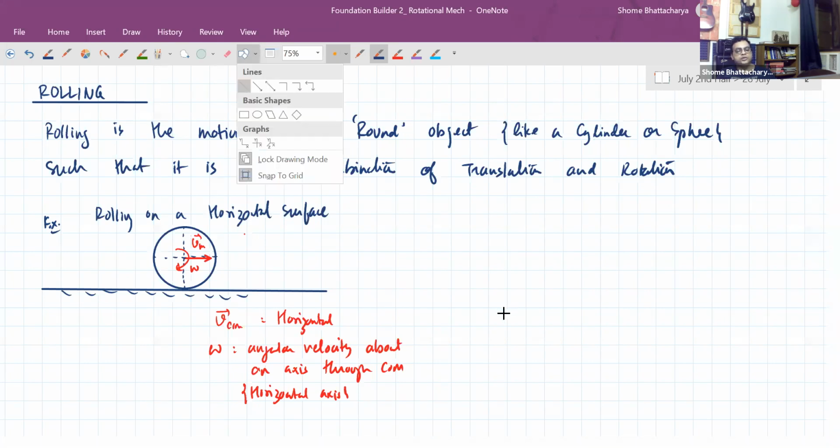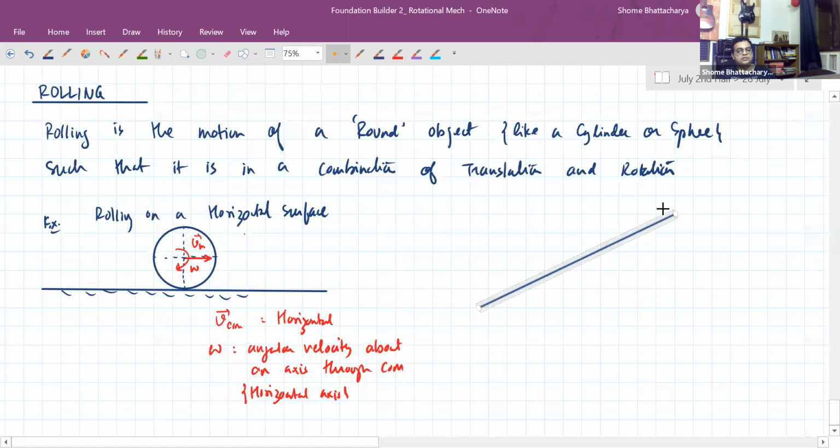Another example of rolling could be rolling down an inclined plane. In that case, the velocity of the center of mass will not be horizontal, but it will be parallel to the inclined plane.